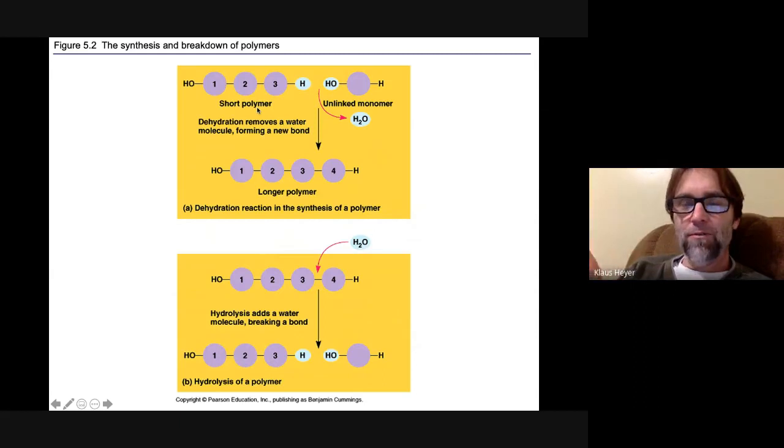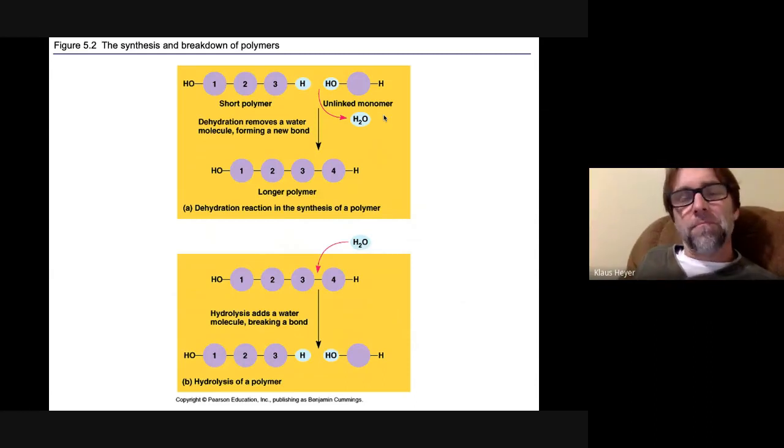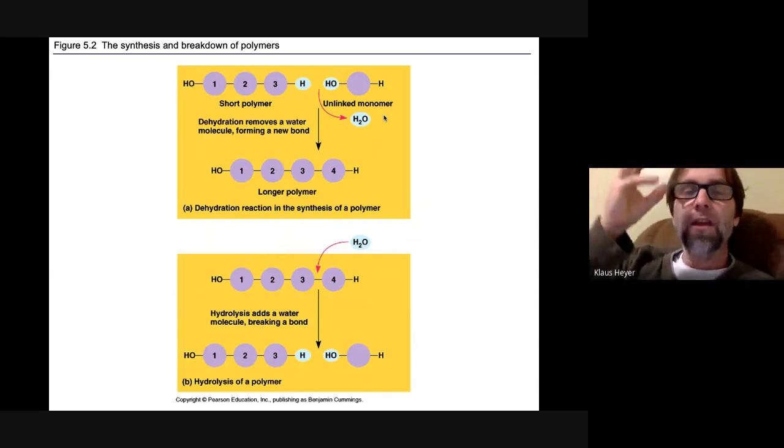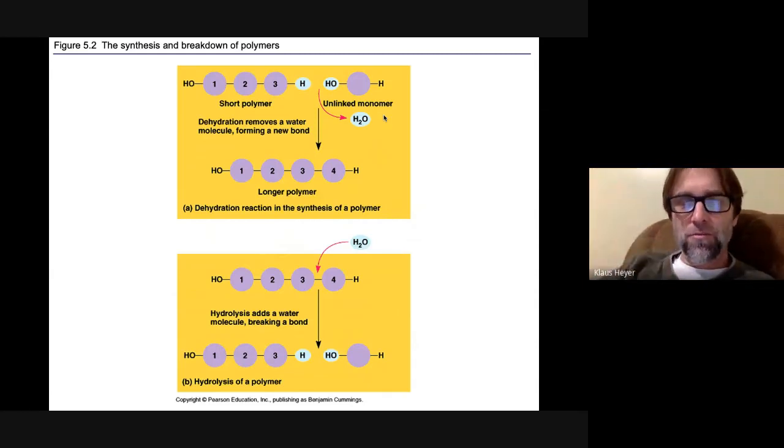Polymer, many parts. Monomer, 1 part. I don't know why they insist on using the words, but that's all that means. So dehydration takes a bunch of smaller molecules and combines them into a larger molecule. Hydrolysis takes a larger molecule and breaks it up into smaller molecules.